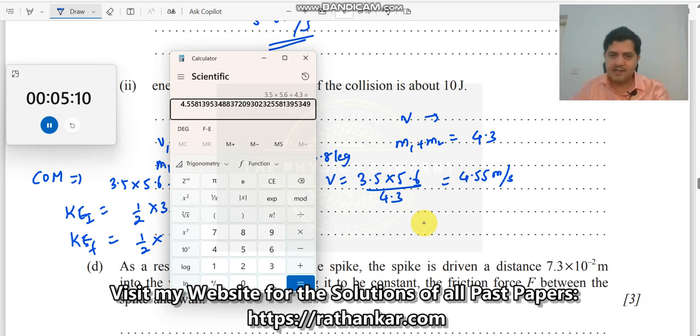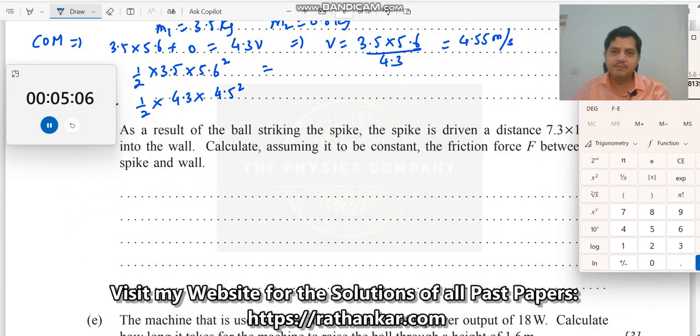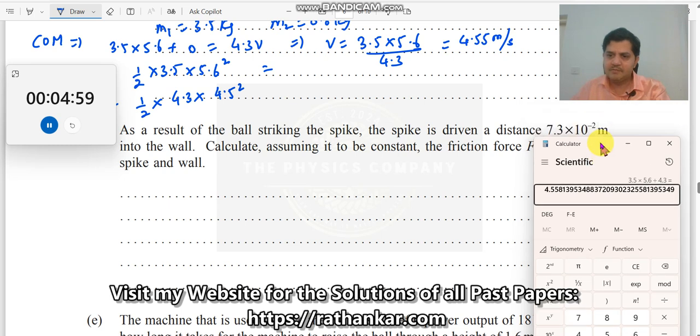So I will have 3.5 times 5.6 times 5.6, divided by 2, which will be 54.8 joules.